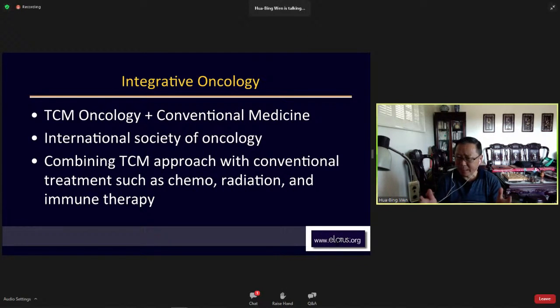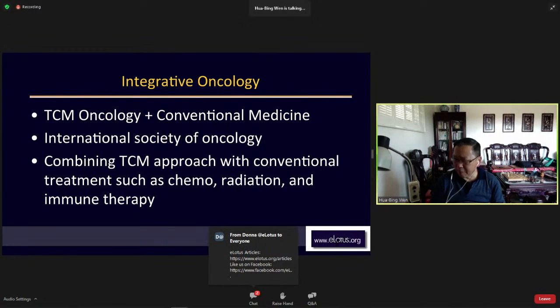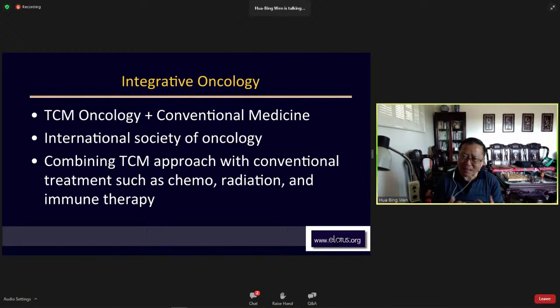For example, in a typical case during chemotherapy, you could have issues with the GI tract: nausea, vomiting, no appetite, diarrhea, water retention. You could have skin rash. You could have peripheral neuropathy in the feet, and also a common condition called chemo brain.